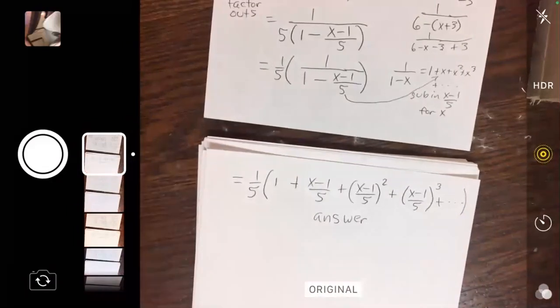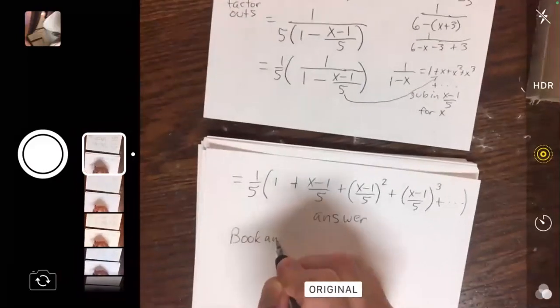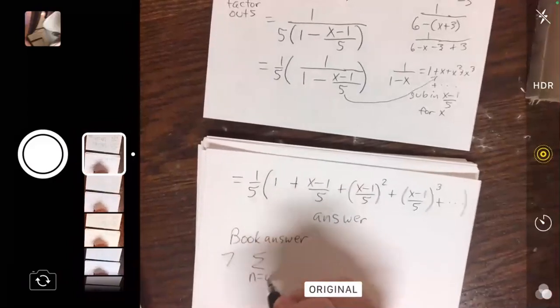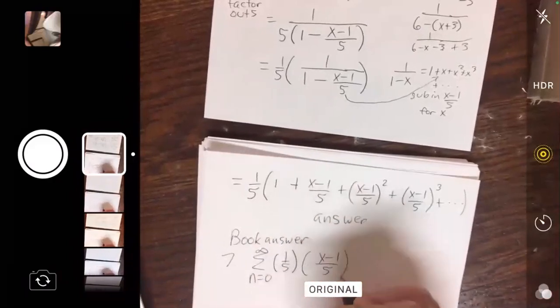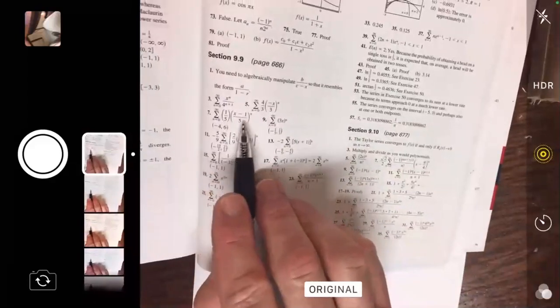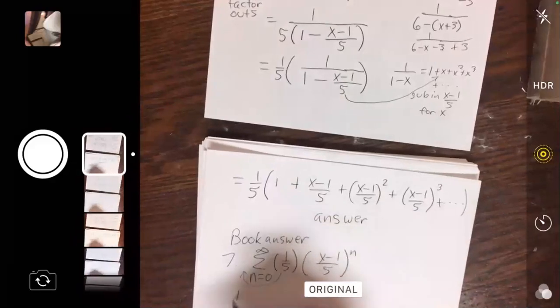Okay. Number 7 for 9-9. The book gets this gibberish. Number 7. 5 over 5 raised to the n. All right, you can see you've factored out 1/5. I could put the 1/5 way in front.